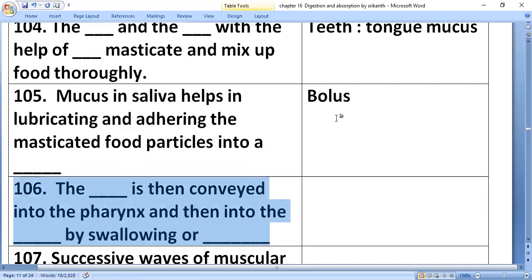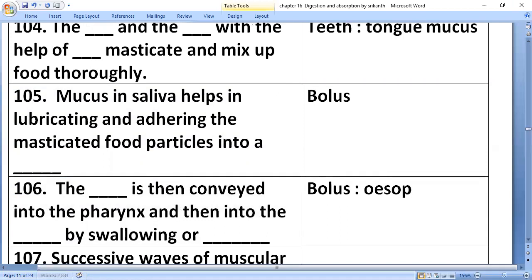The bolus is then conveyed into the pharynx and then into the esophagus by swallowing, also called deglutition.